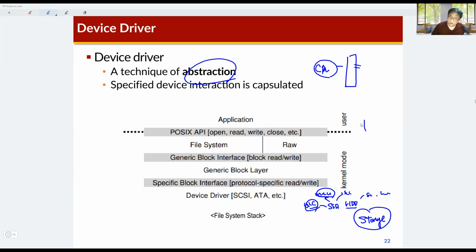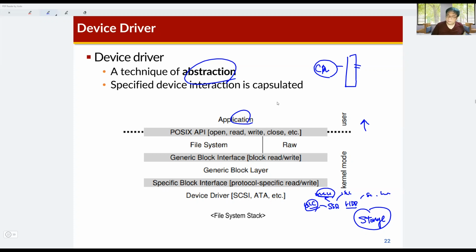The higher level just supports very simple commands or very simple interfaces. So for example, this is the application. How can we access the data inside of the storage devices? Think about this.